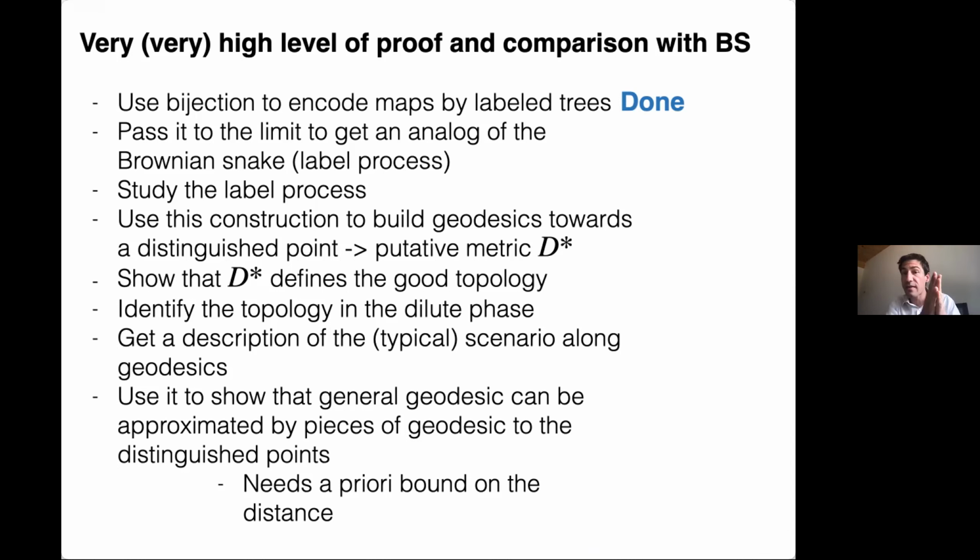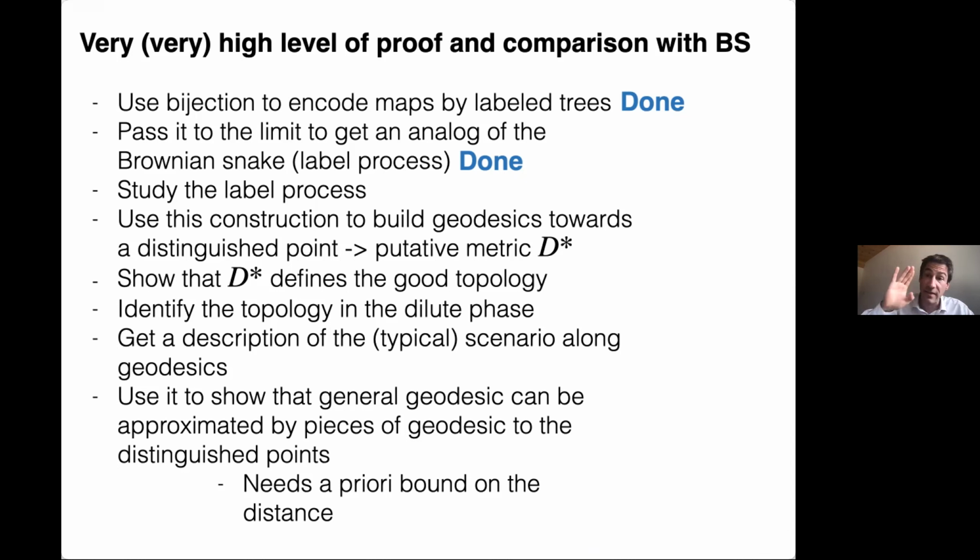Then we want to take this encoding and pass it to the limit. In the case of the Brownian sphere, you get the Aldous CRT and the Brownian snake. We want to do the analog of this. This has been done by Jean-François and Grégory and others.